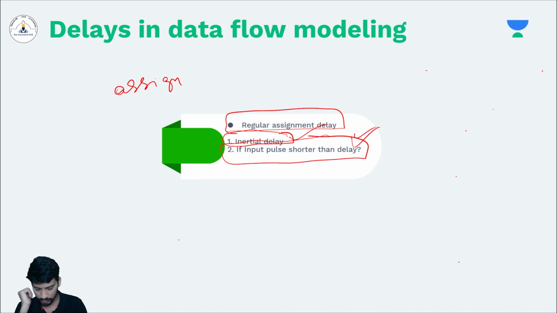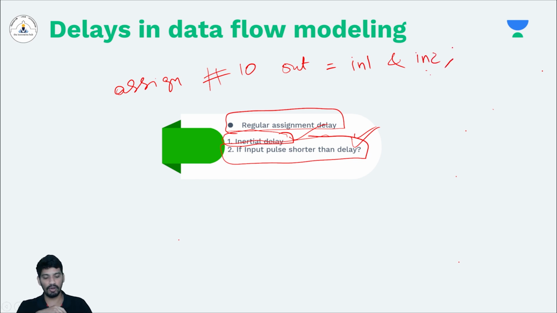Assign, give a delay of, let's say, 10 nanosecond, and out is equals to in 1 and in 2. So what I want is to perform in 1 and in 2 and put the output in the out variable after 10 nanosecond. First of all, why do we need these delays, right?